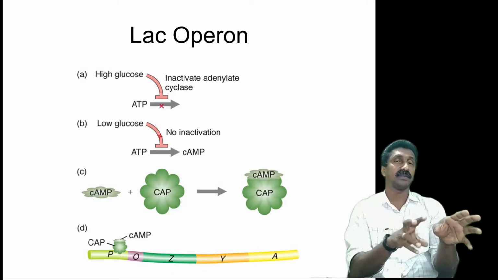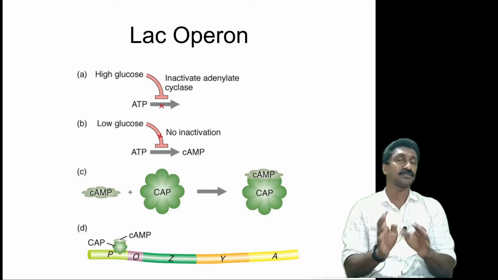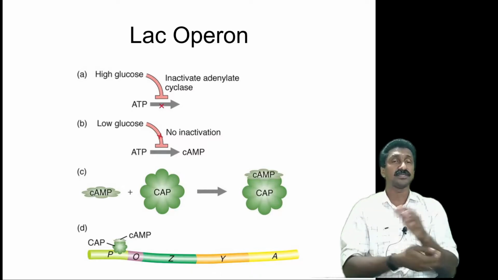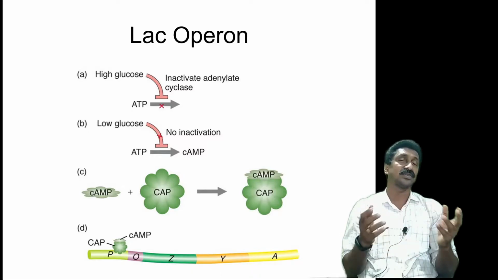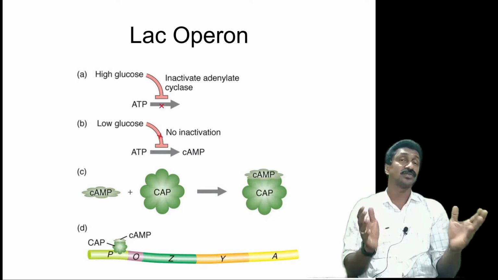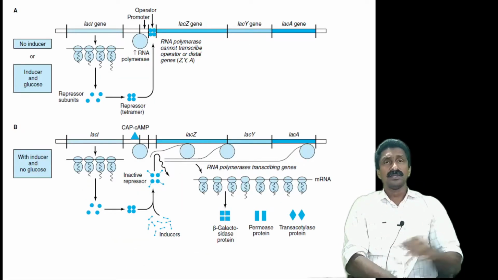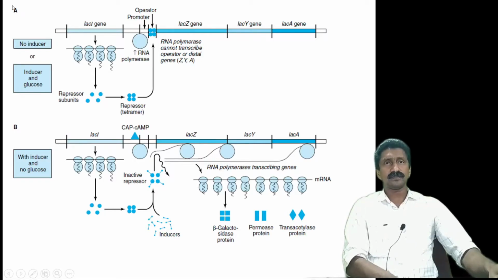The cyclic AMP-CAP complex cannot bind to the CAP site, so transcription, or the RNA polymerase binding, cannot occur in the system. Here, this is the lac I gene, which codes for the repressor mRNA.